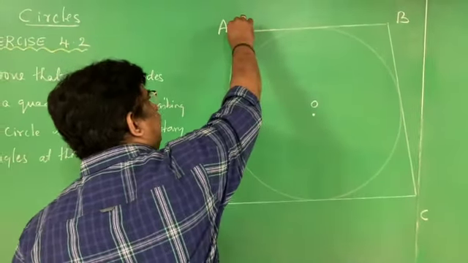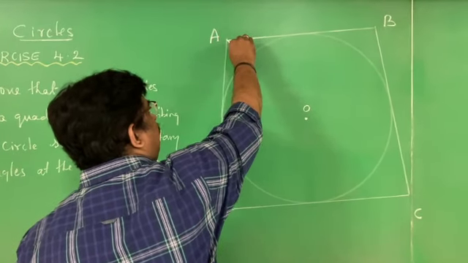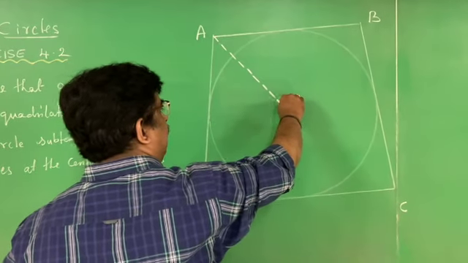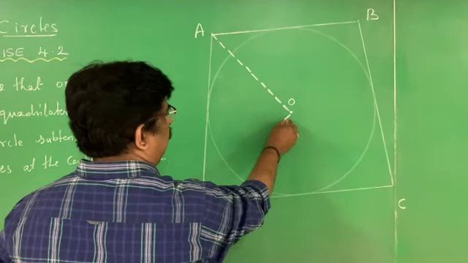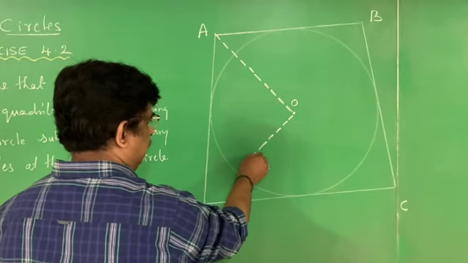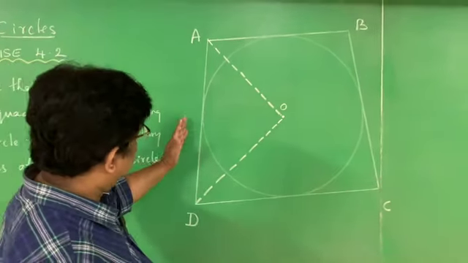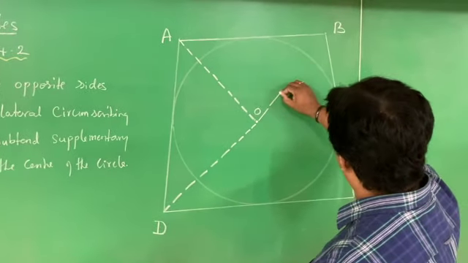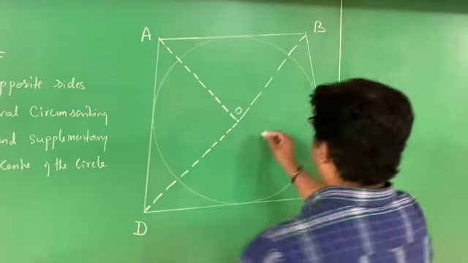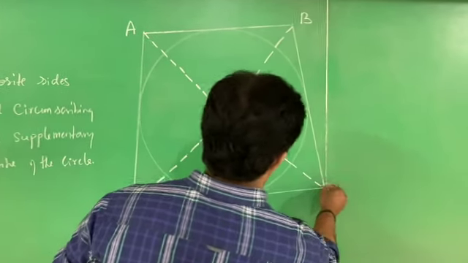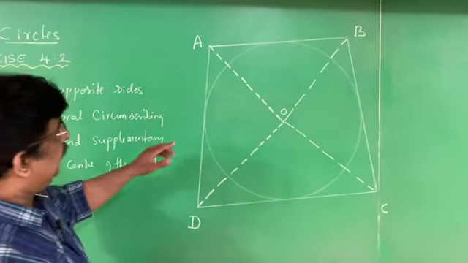Suppose I join them like this, I get an angle subtended by the side AD at O. Same way I join the others.